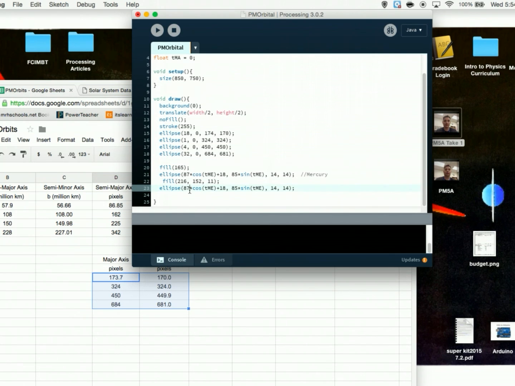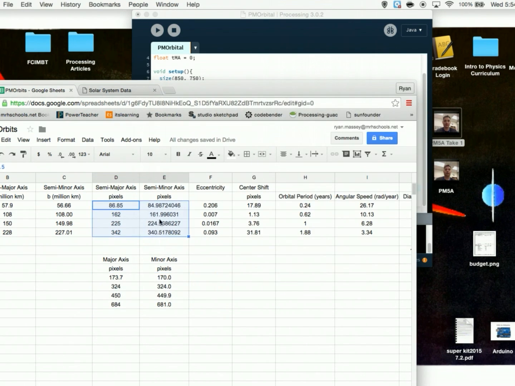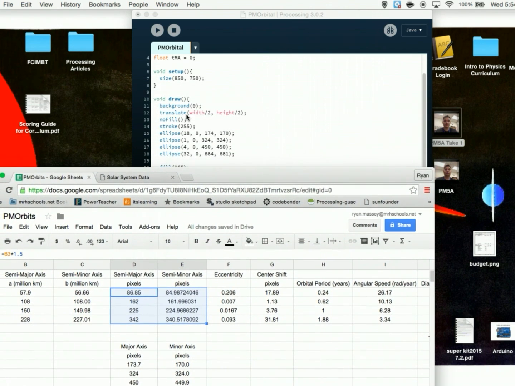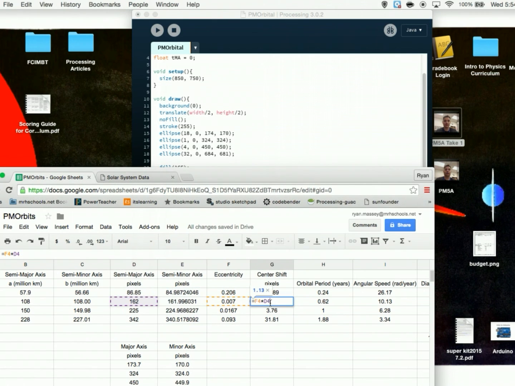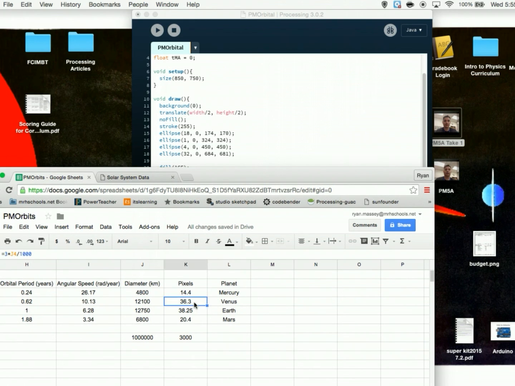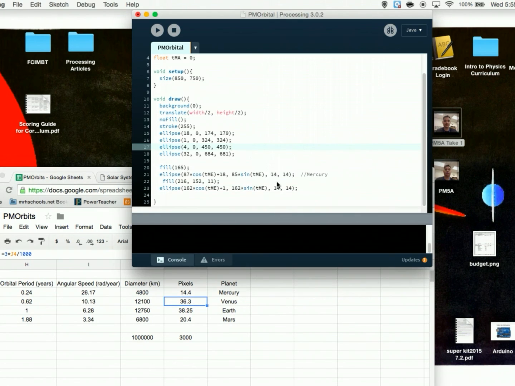So this is going to be 162. This is going to be also 162. And our shift is going to be a little bit different for this one. It's only for Venus, it's only going to be a shift of 1, right, which is that box there. And then our pixels, Venus is going to be 36 by 36.